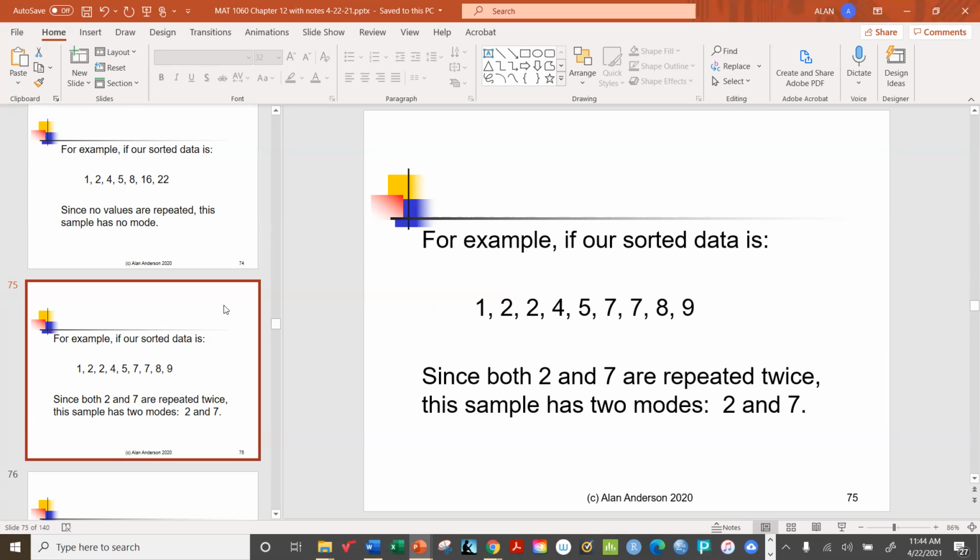There are both 2 2s and 2 7s. So they're basically tied for the most frequently observed values. And so we say in this case that there are 2 modes, 2 and 7. So our sample has 2 modes. And again, you're not going to see that with the mean and the median. Well, that makes things a little bit more awkward.